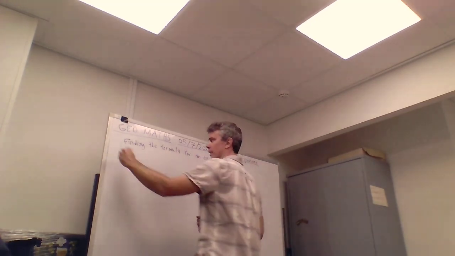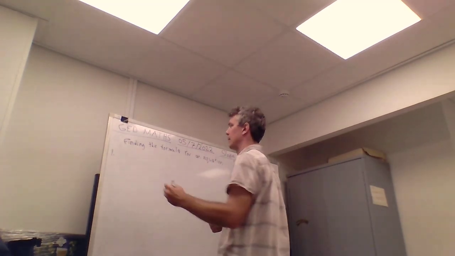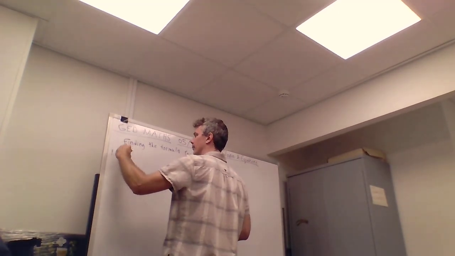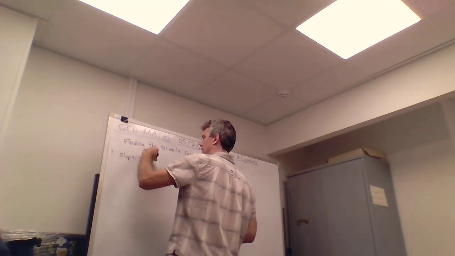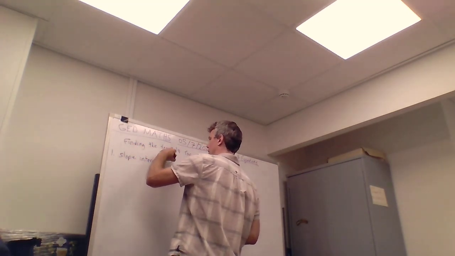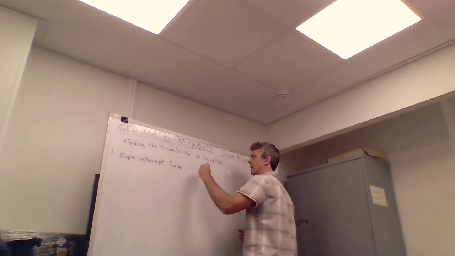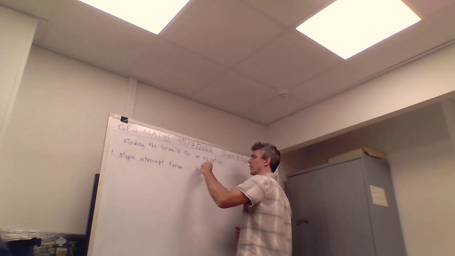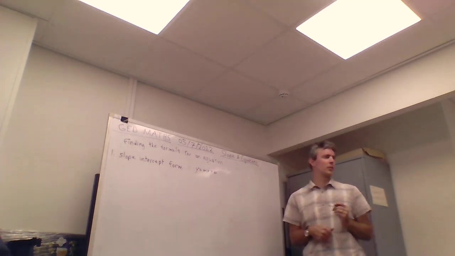And there are two ways to do that. One is what's called the slope-intercept form, and that's the one we already know. y equals mx plus b. I would say that's the one we know and love.